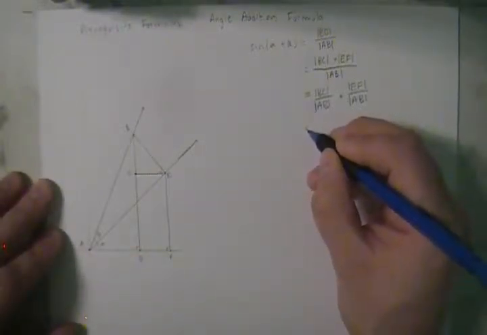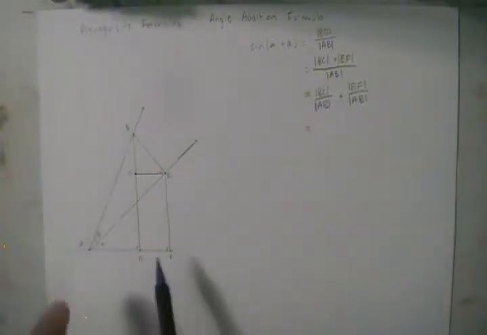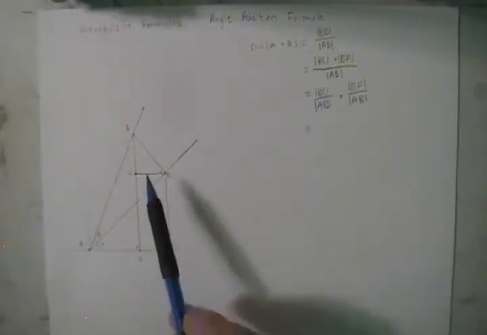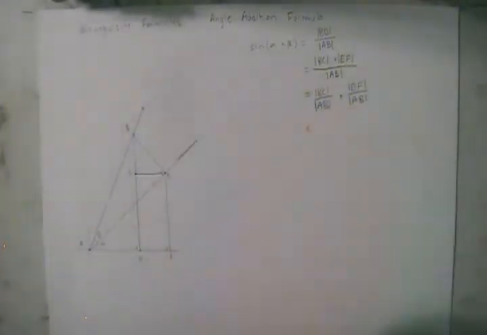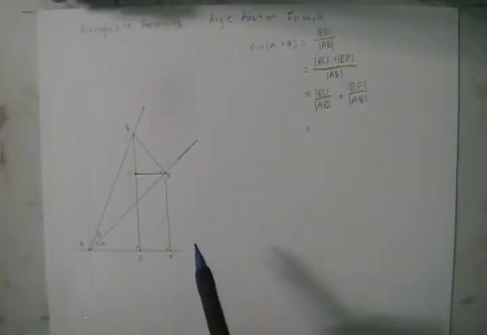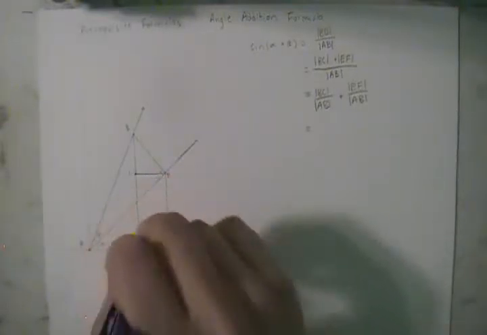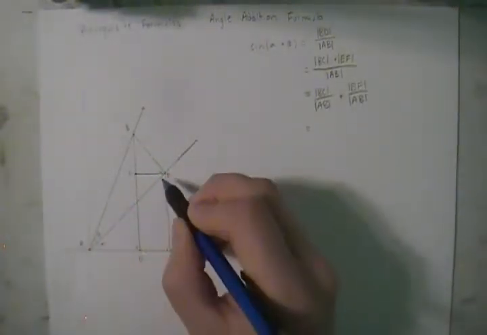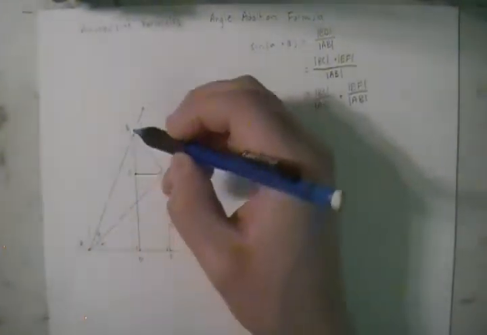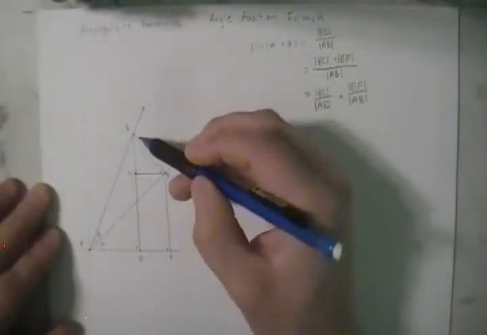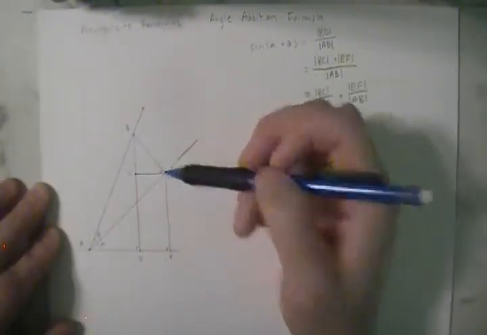Right, now the trick is going to be to express BC, the ratio BC over AB, as a product of two different ratios involving the sides of these right triangles that we see here. So we see this is a right triangle here, but the right triangle we want to pay attention to is actually BCE.